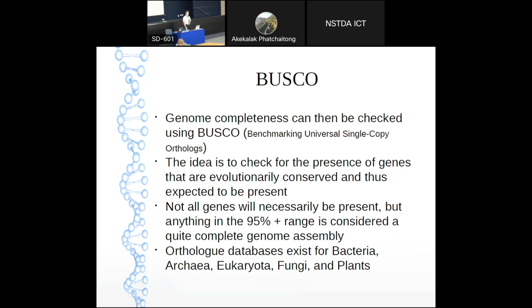So sometimes some of these genes are lost or gained, so we don't expect all of them to necessarily be present, but anything in the 95% range is considered a quite complete genome assembly. And there are ortholog databases that exist for bacteria, archaea, eukaryotes, fungi, and plants.